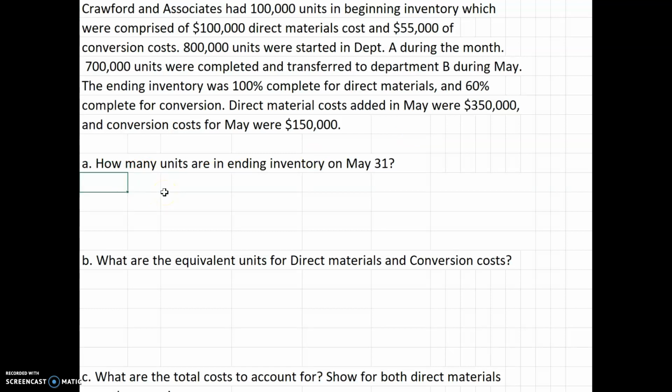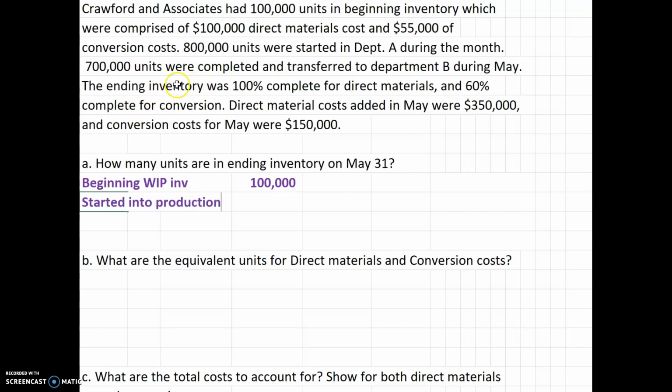So we want to figure out the units in ending inventory on May 31st. So we basically want to do step 1. We want to do our reconciliation, to summarize our physical flow. So our beginning work in process inventory, they tell us is 100,000. Right, we're given that right here. And so that's what we had at the start of the period. Then, after we finished those, we would have started into production.